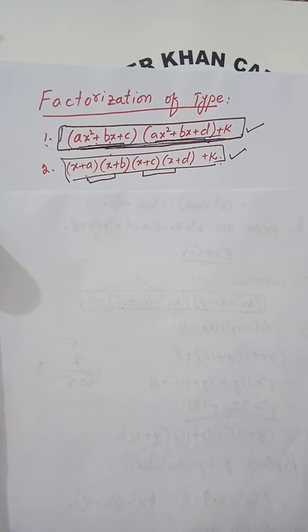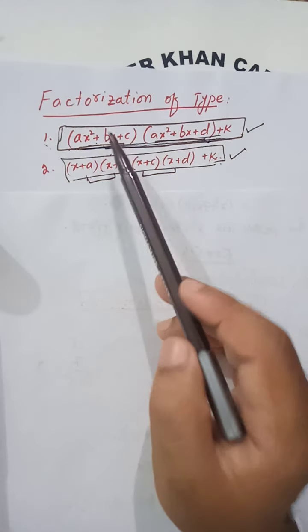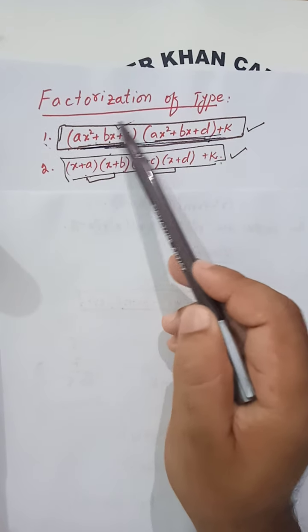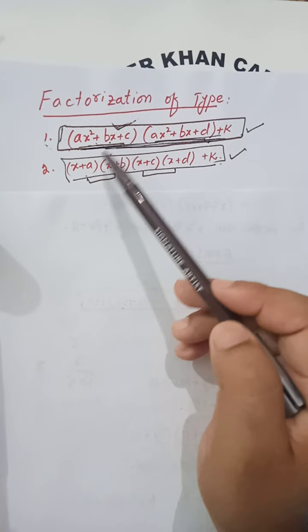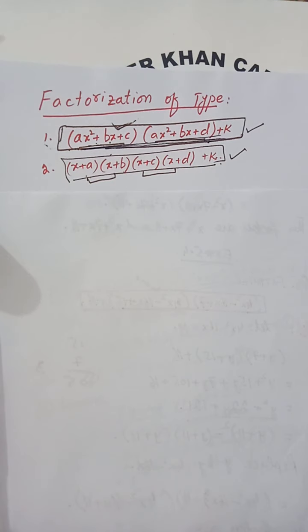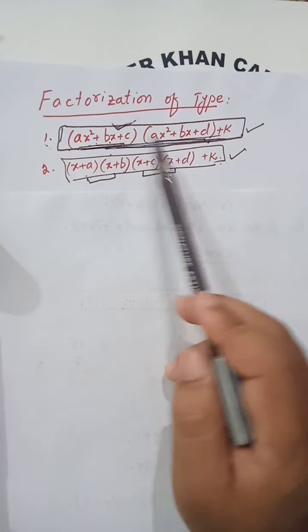Why am I doing this? When you write the linear factors in that fashion and multiply them with each other, meaning multiply those two and multiply the other two, you will get the algebraic expression in this fashion, and for that you need to replace the first two terms by some other variable, meaning ax square plus bx, and both are similar.